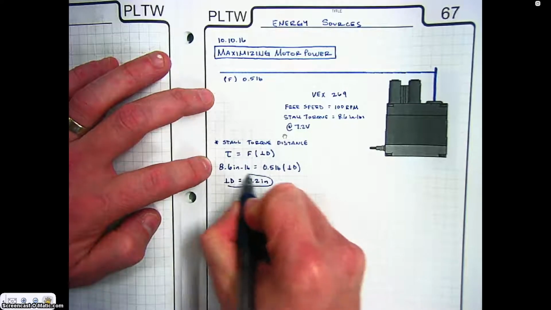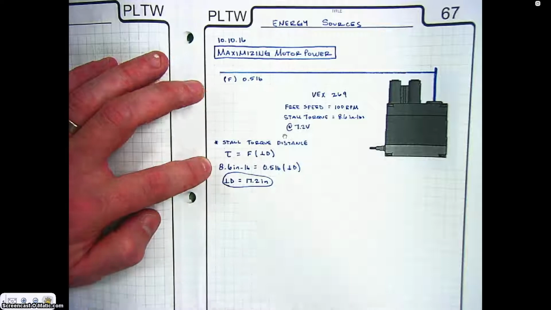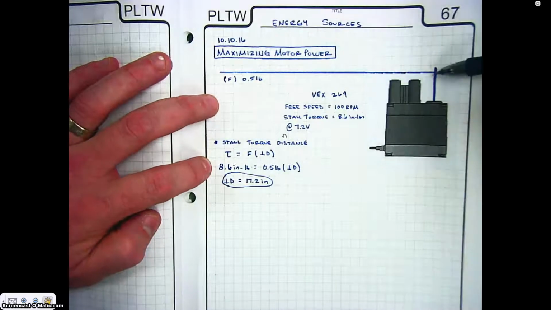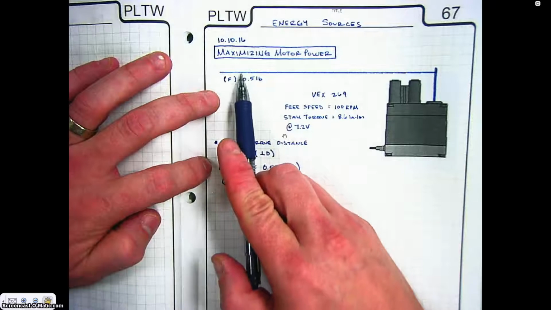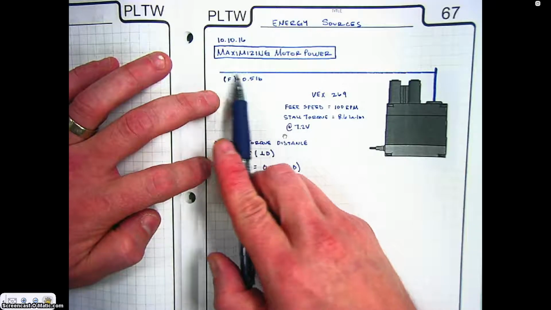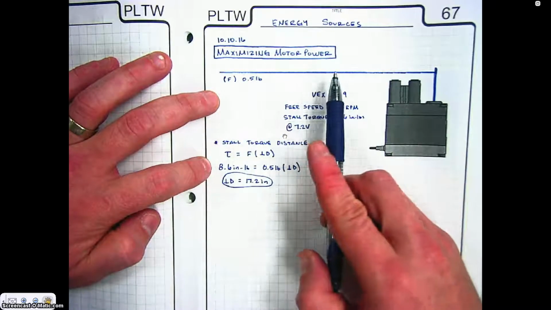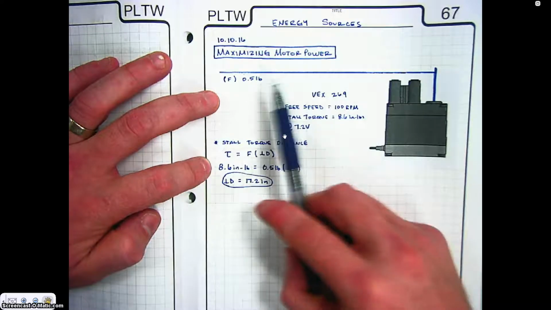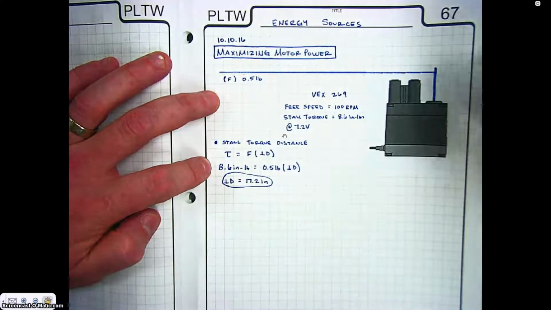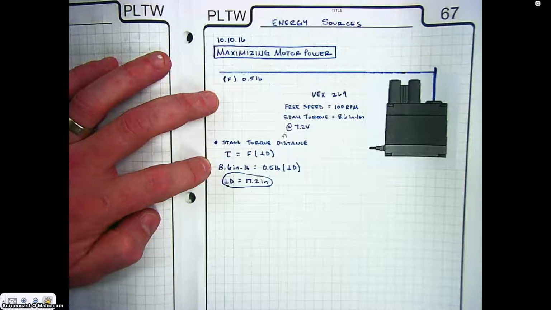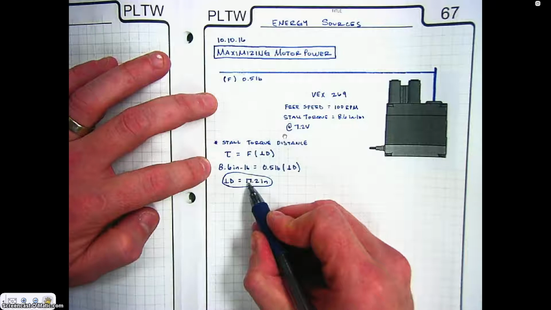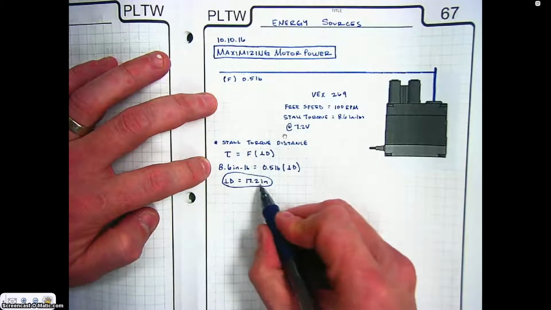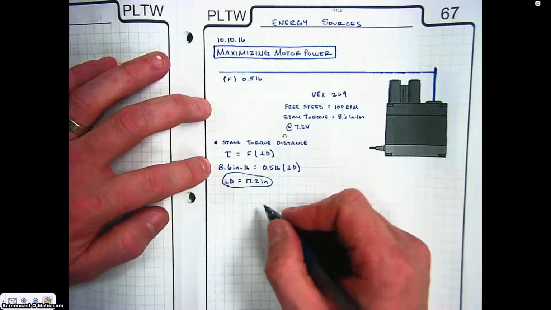So we figured out that if we put that half-pound force 17.2 inches or further away, it's not going to lift the weight because the motor is going to be stalled. Too much torque is going to be put on the motor. So that's our first distance. It has to be inside of 17.2 inches to be able to work.